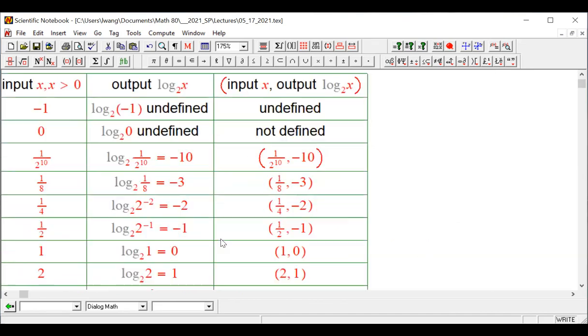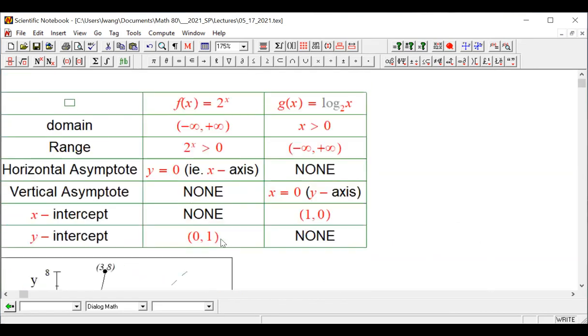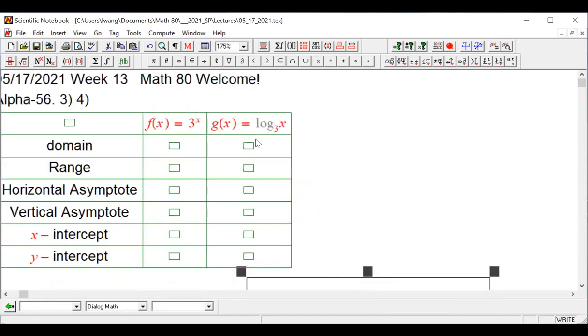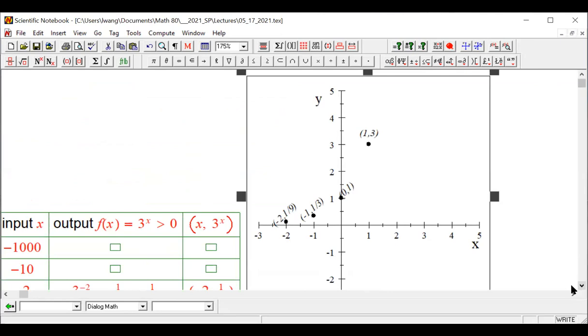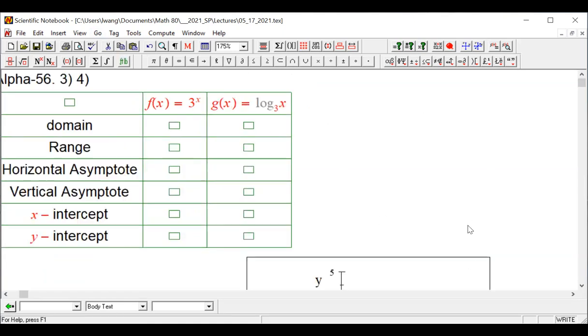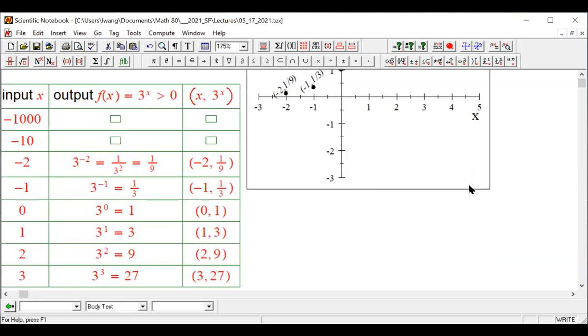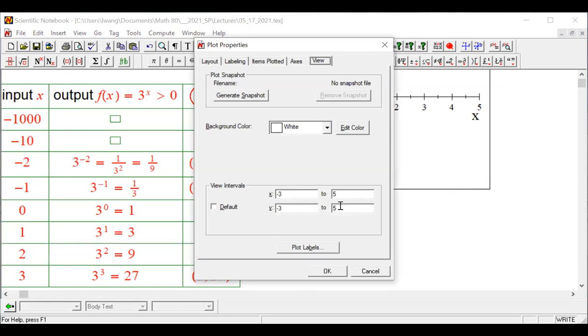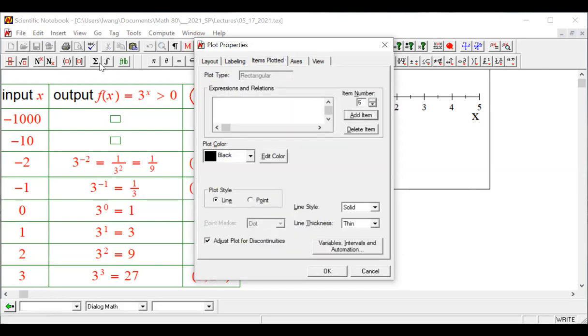And two more points. 2, 9. I need to adjust the scale. So I'm going to put the point in place.